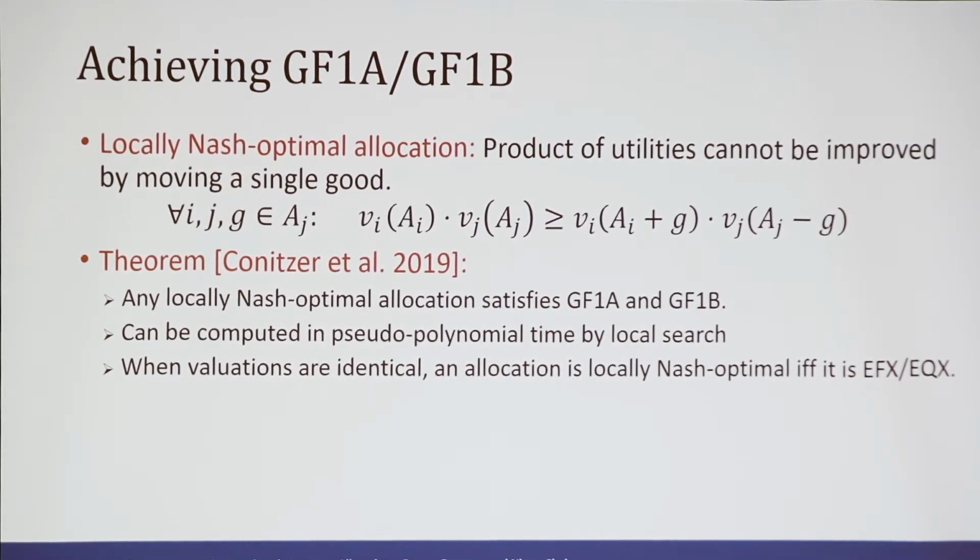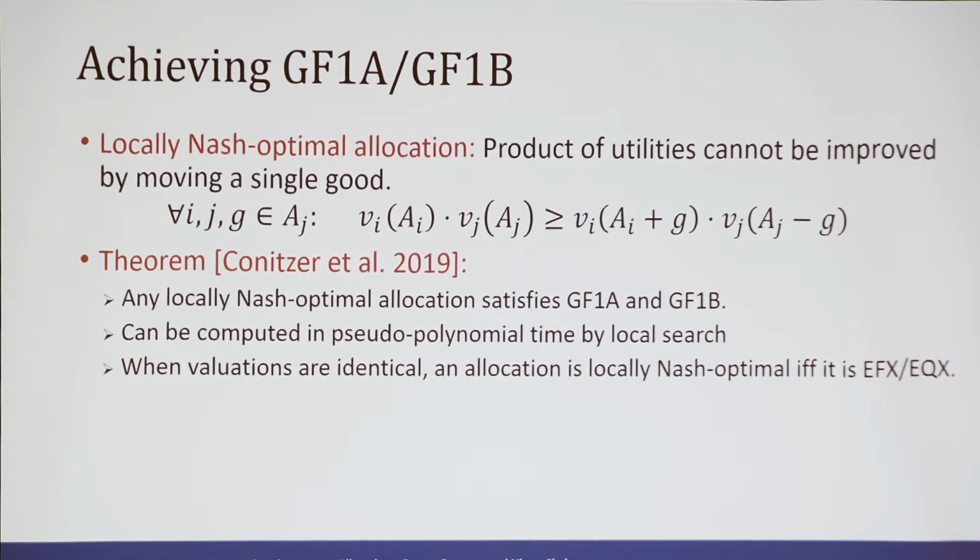And it turns out actually that its local Nash optimality is enough to guarantee both of our group fairness relaxations. What this also implies is that actually to guarantee EF1, envy-freeness up to one good, local Nash optimality is enough. We don't need the full power of max Nash welfare in the global sense.